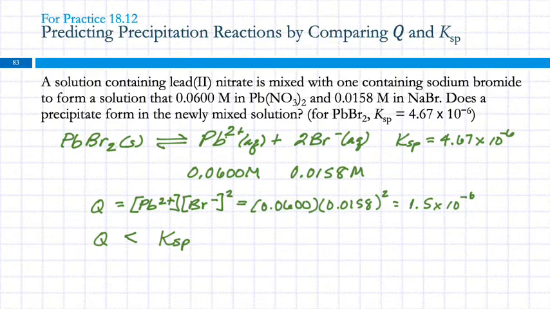So does that mean that solid is going to precipitate, or more solid is going to dissolve? How are we going to make these larger? By more of the solid dissolving, right? So a precipitate will not occur. Any questions?